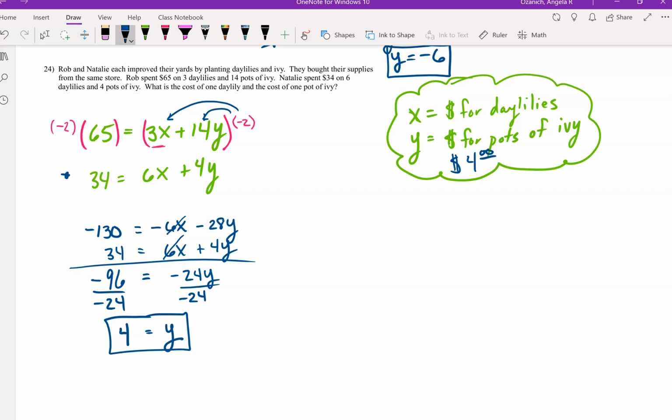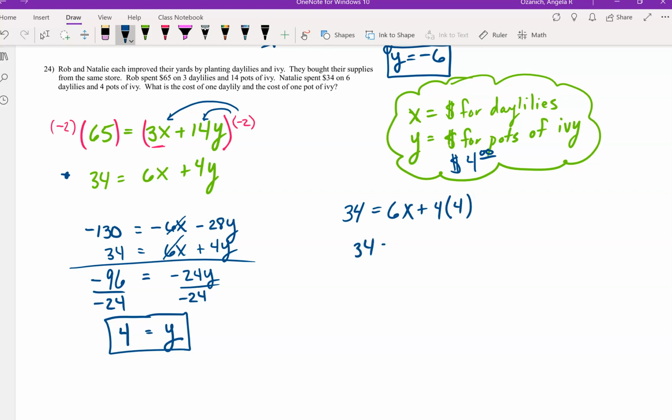Now we got to go back and find x. I'm going to grab this smaller equation with the smaller numbers. You don't have to. You can grab your original equation, or even the equation that you multiplied through by -2 on both sides. I'm going to grab this one. So I know that Natalie spent $34, and there were those 6 daylilies that we still don't know the cost of. There were those 4 pots of ivy that I know cost $4 each.